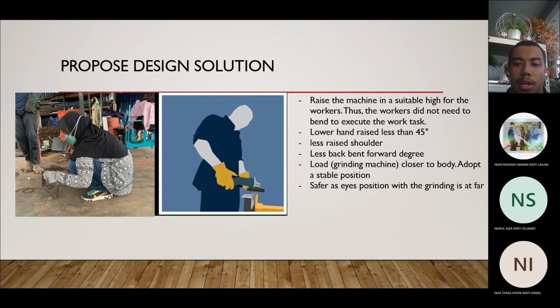And lastly, the picture on the right shows a safer position, as the eye focus and the grinding position are quite far apart, so the chips from the workpiece will not easily enter the worker's eye.